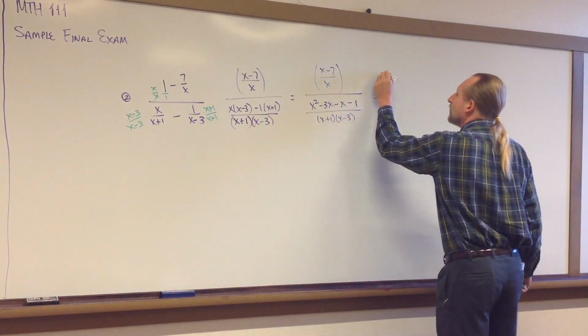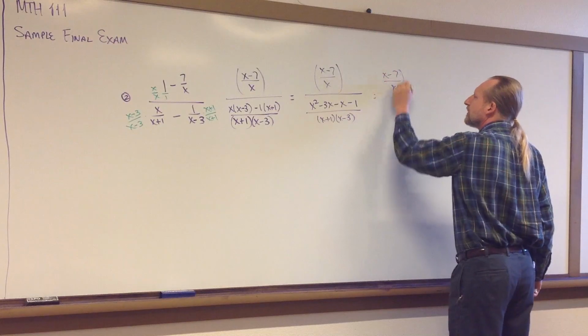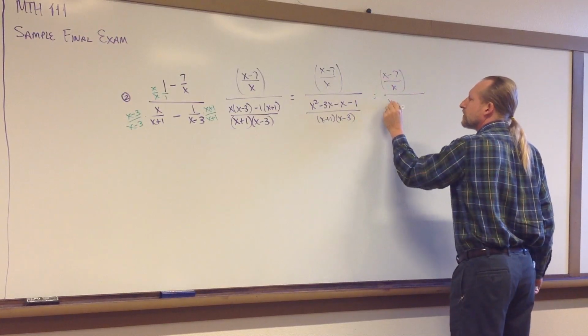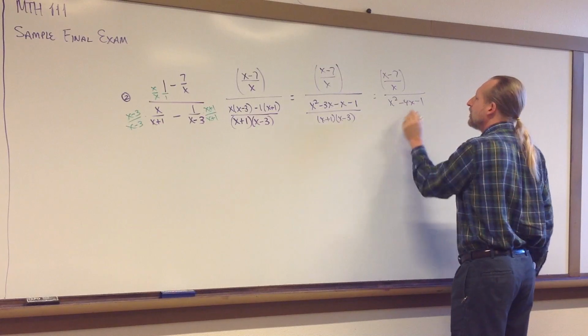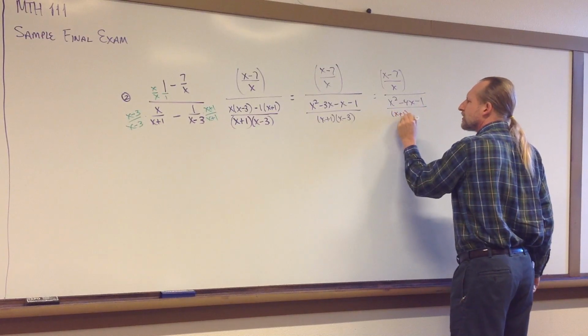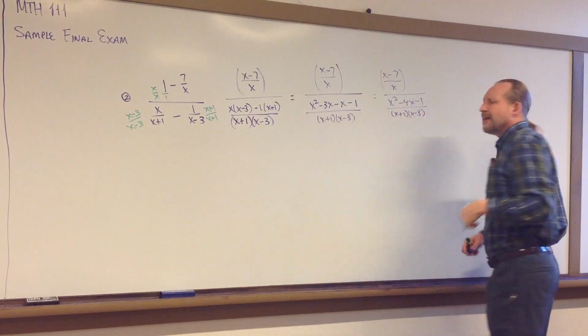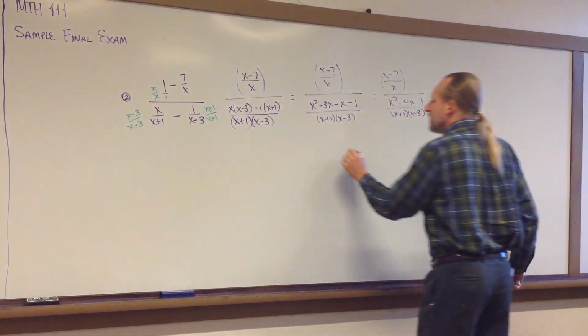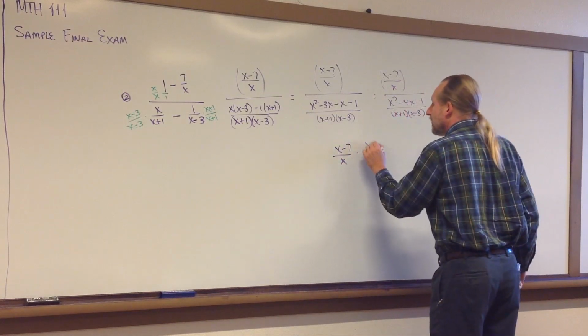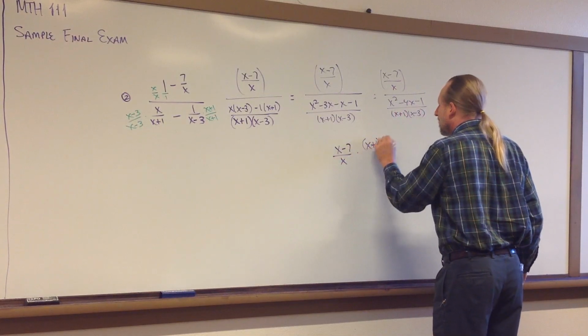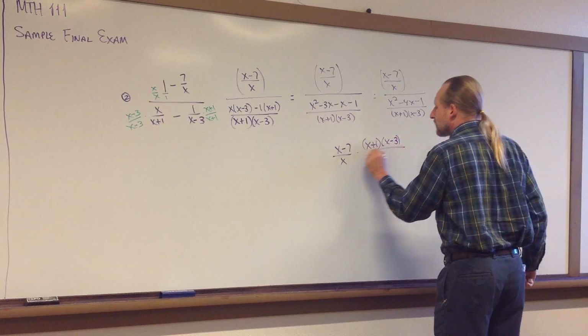So what do we end up with? x minus 7 over x, and then this will be x squared minus 4x minus 1 over (x plus 1) times (x minus 3). Now a lot of times I set this up so that you've got some canceling to do. In this problem, that ends up not being the case. Nothing actually cancels here.